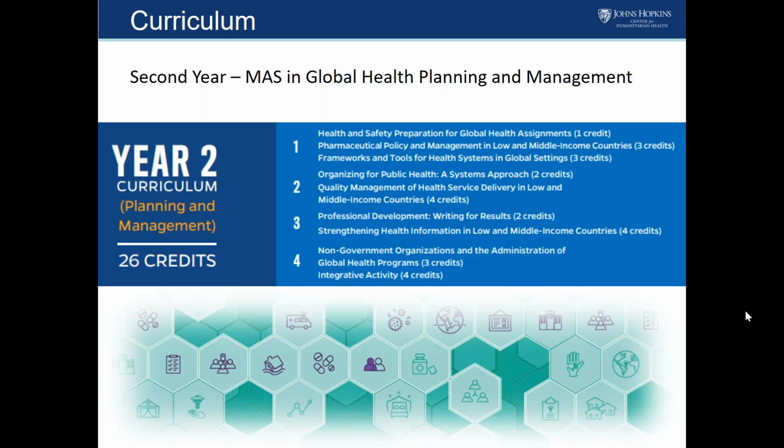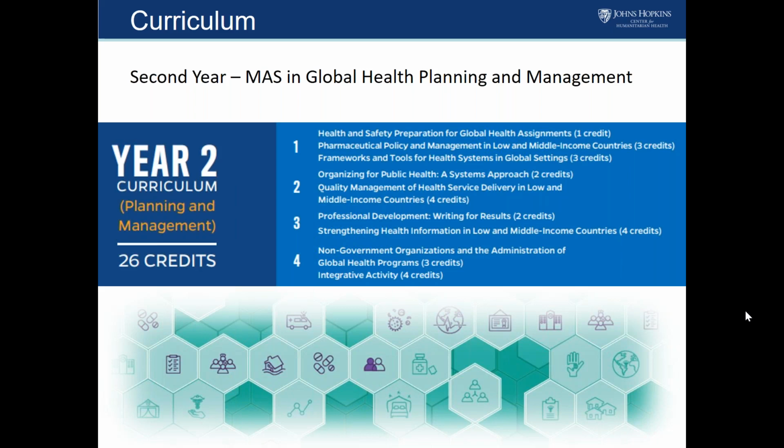Both programs will look at health and safety preparation. One of the key courses in term one is, we've talked about essential medicines for the village level, community level. Now we're talking about the planning and management group, the organizational group of policies and management of essential medicines in the organization as a whole.